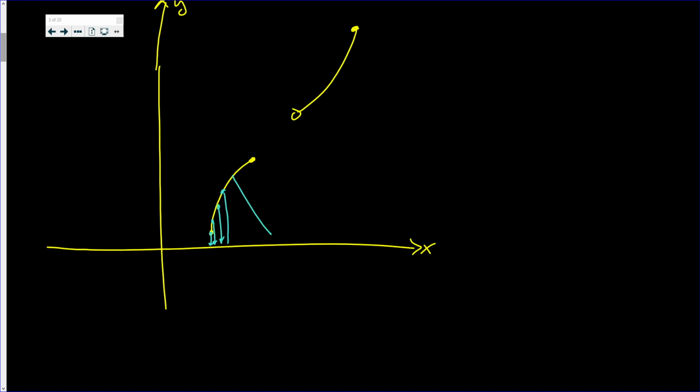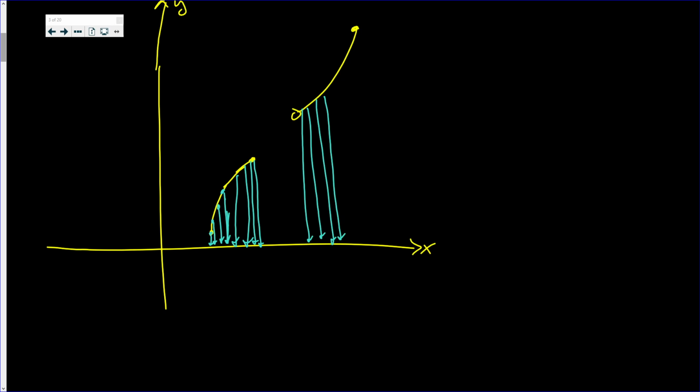You don't go this way, you don't go that way, you go at a right angle, right to the x-axis. If you do this with each and every point, which is impossible because there are an infinite number of points, what you would have is the domain marked off on the x-axis.